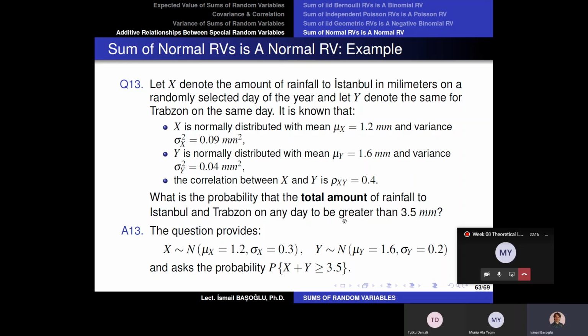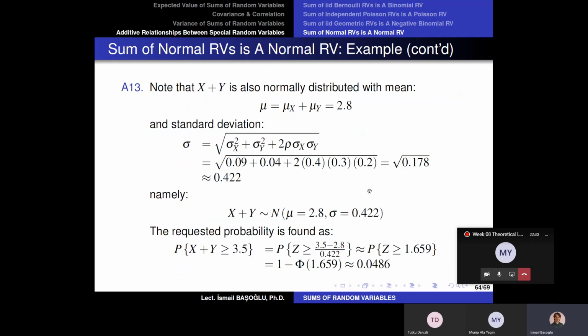And then the question asks me the probability. What is the probability of the total amount of rainfall in Istanbul and Trabzon, which is X plus Y, to be more than 3.5 millimeters? Now, one thing you need to be careful about here, there is also a correlation between X and Y as 0.4. According to the descriptions we have given in the earlier pages, the sum of two normal random variables, whether they are independent or correlated, is also going to be normal.